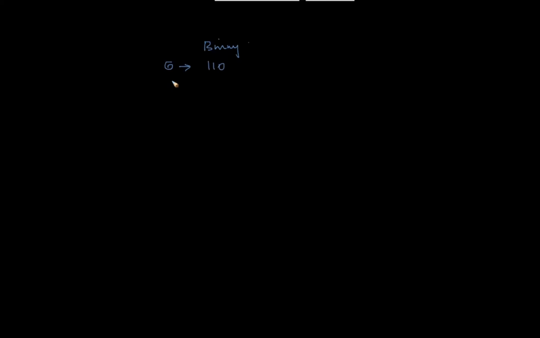So with binary, if you have whole numbers, you can convert from decimal to binary and binary back to decimal without any problems. But when you have fractions, like a number such as 6.34, this can be converted into binary, but sometimes it cannot be exactly converted, right?